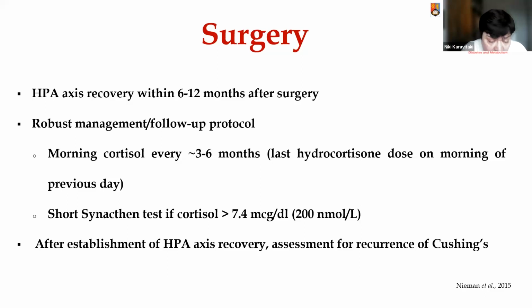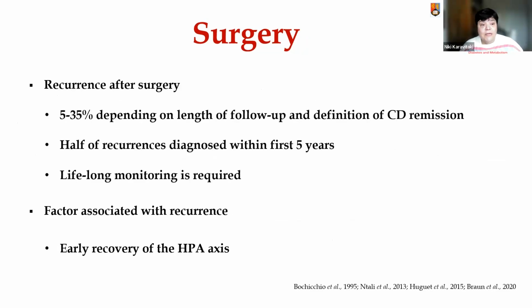And once we have established that the axis has recovered, then we need to consider assessment for recurrence of the Cushing's, see if the Cushing's is back. And speaking of recurrence, the chance is there, it's not low, and in various series, this has been reported between 5 to 35%, depending on the length of follow-up, and also depending on how remission of the Cushing's had been defined.